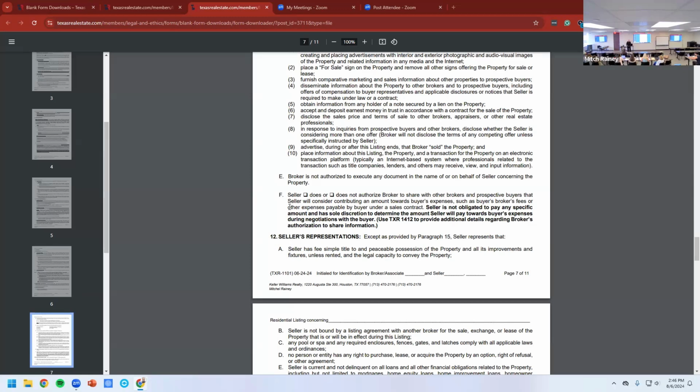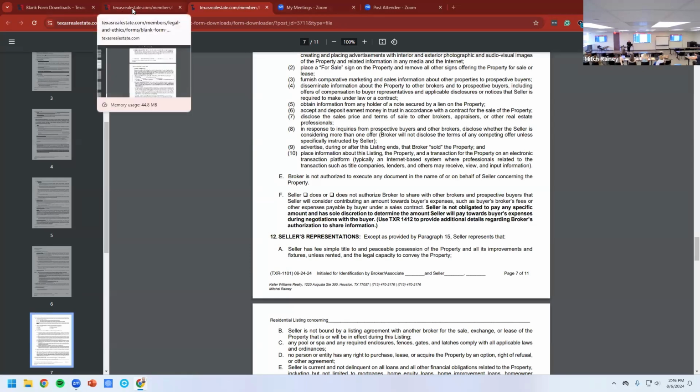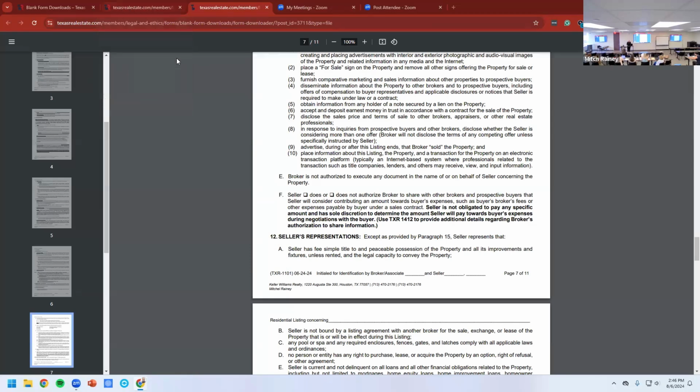Okay, because when I pull up form 1412, section A is a dollar amount, and I don't know what that dollar amount is. Well, you're going to be talking to them about it. And it's not a contract document, just to start out with. They can always revoke that. They can make it more. It's up to the seller when they get the offer.